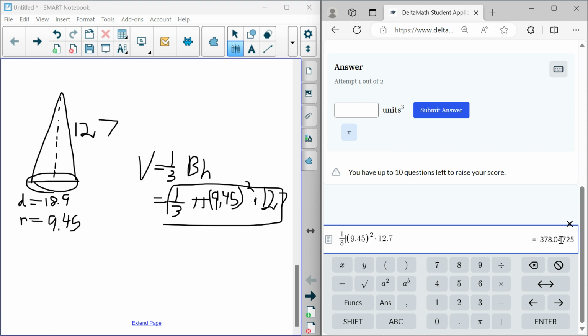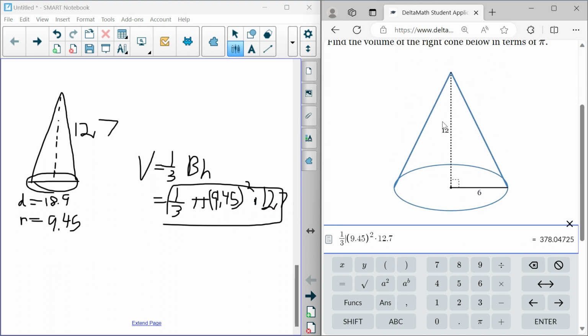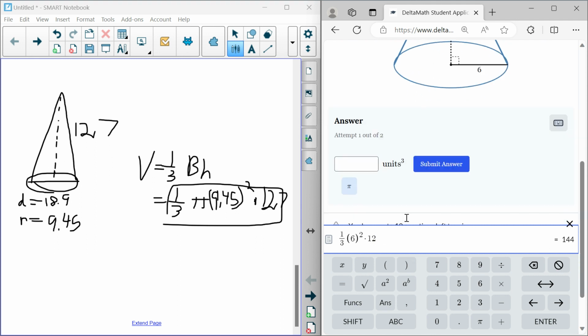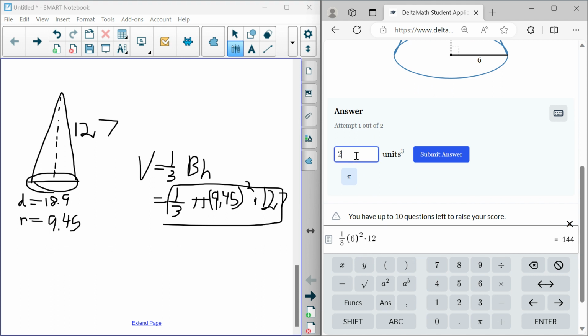Get this decimal. It's not great, but it'd be that decimal times pi. For this problem, it'd be slightly different though. Let's see, I've got a radius of 6. I've got a height of 12. I got 144. I'd go 144 pi. That would be my answer.